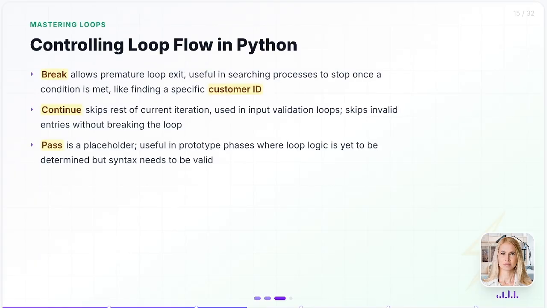Imagine you're at home, deciding on a menu for a family dinner. You start by listing your favorite dishes. If you find the one everyone agrees on, you stop. That's similar to how a break statement in loops works, cutting through the process as soon as you've found what you're looking for. In contrast, a continue statement might be like skipping over the dishes that are too spicy for grandma without dismissing the entire list.